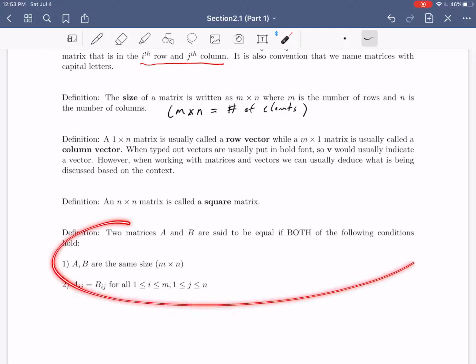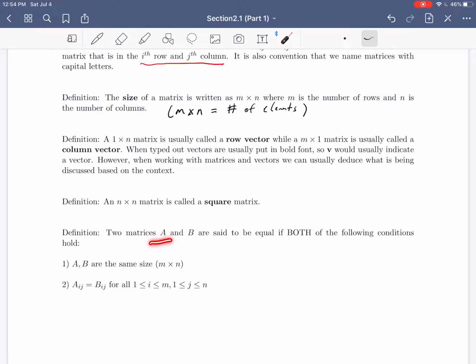Finally, the last basic definition here: what does it really mean for two matrices to be equal? It should be pretty clear, but very mathematically, there are two conditions that have to hold. Two matrices A and B are said to be equal if both of these conditions hold. First, A and B have to be the same size, m by n.